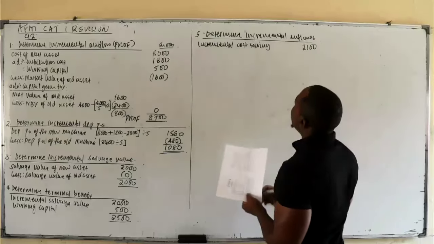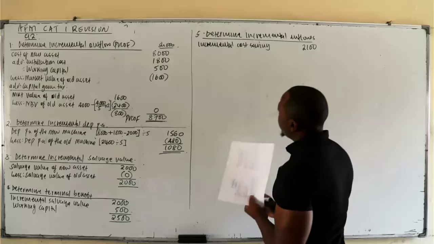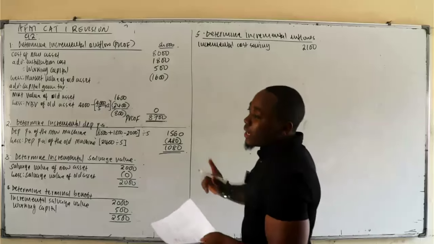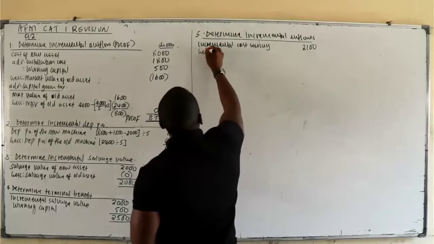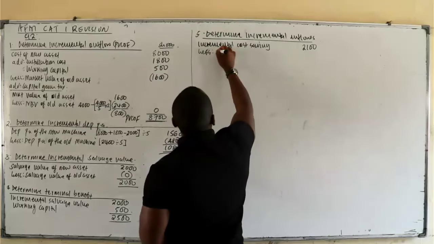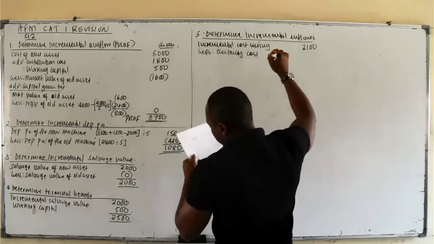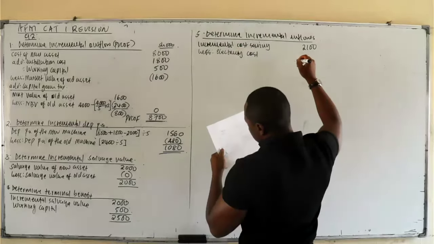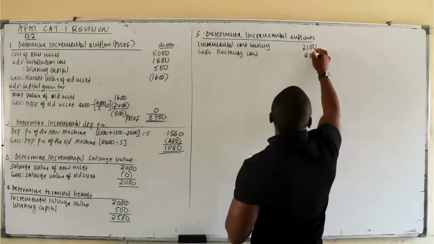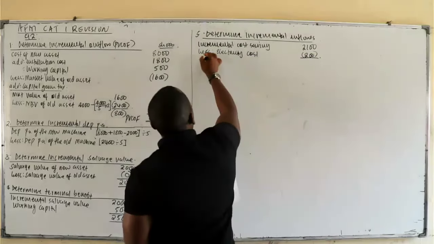A cost saving is an incremental inflow. But electricity bill will increase. So you less the electricity cost. And the electricity cost will increase by an amount of 200. Good. And that's how we get our earnings before tax.